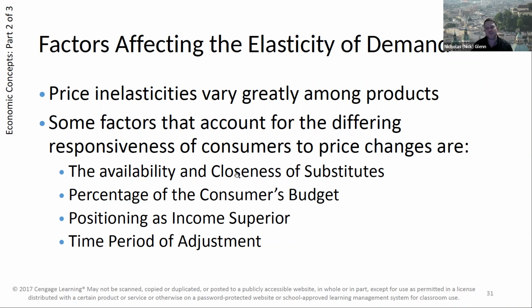If the price of Coke went up too much, people are like, well, I like it better, but it's not too much difference from Pepsi. I'm going to switch to Pepsi. I'll substitute away to Pepsi. So that's going to be a big impact. The more close substitutes there are, the more elastic demand is for a good. So the demand for Coke is going to be pretty elastic because you've got a good substitute with Pepsi.